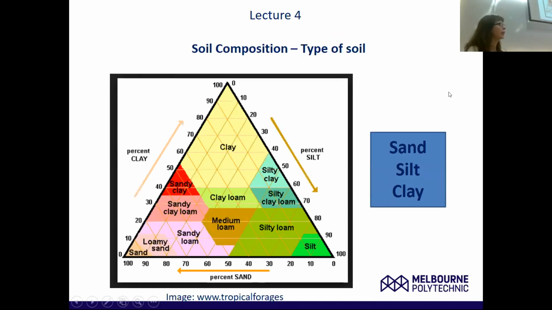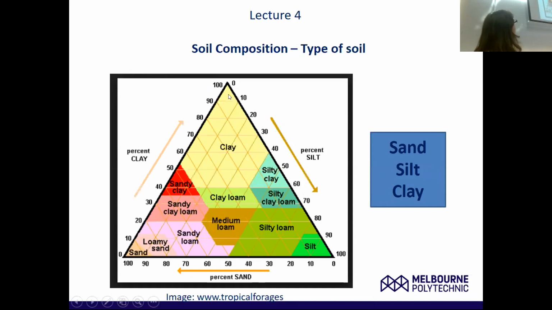So we've explained that different soil types are made up of different things in different proportions. And there are 3 main constituents of soil. We have sand, we have silt, and we have clay. So depending on how much sand or how much clay or how much silt is in any one given soil can tell us the different types of soil composition.